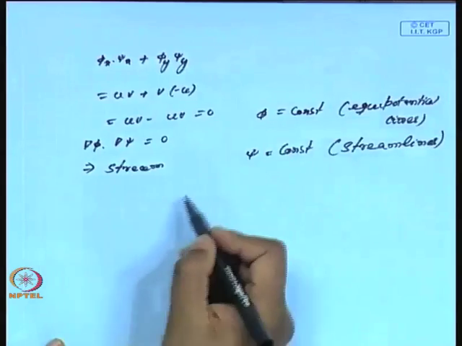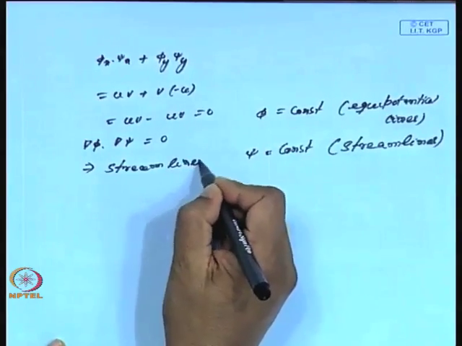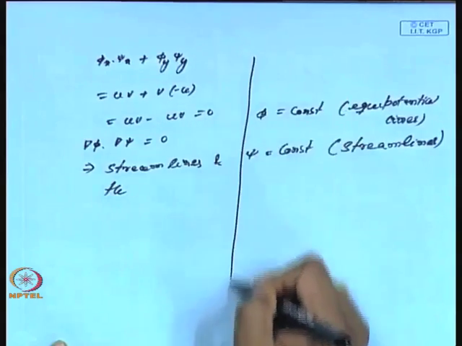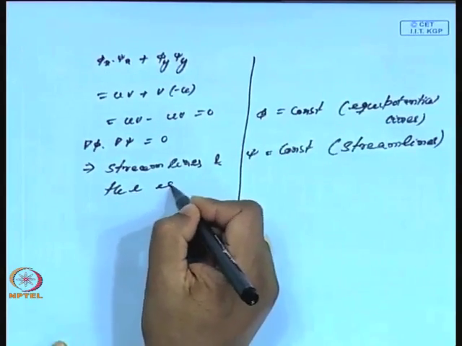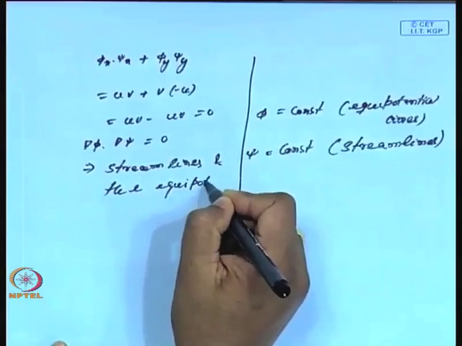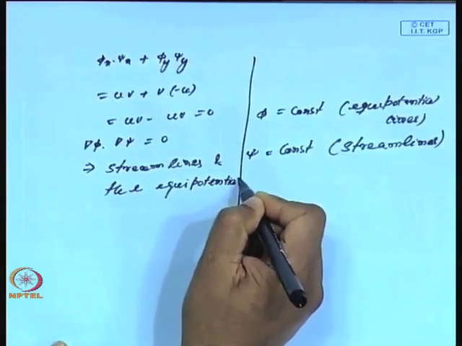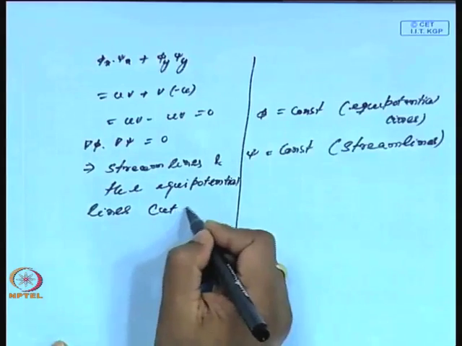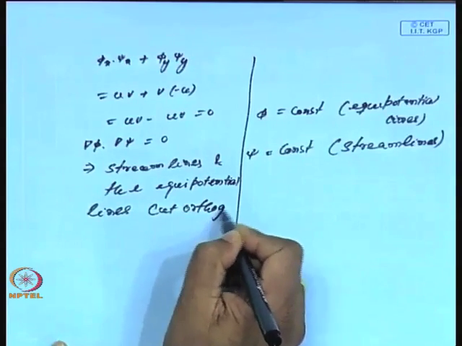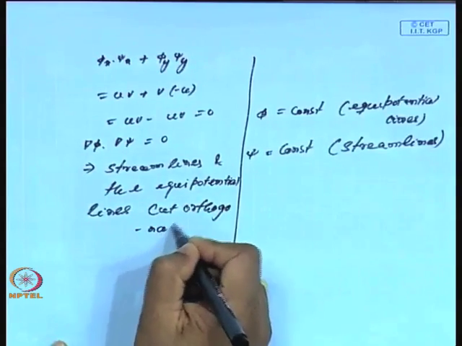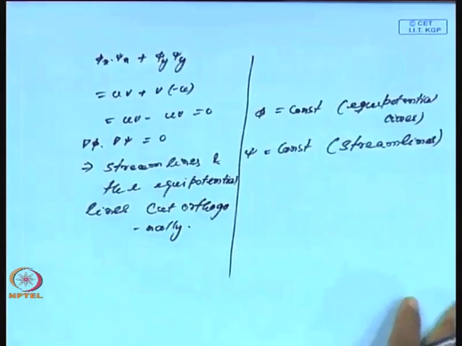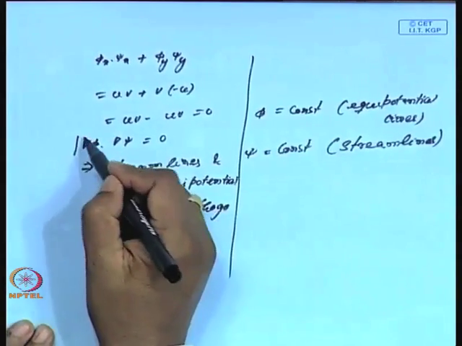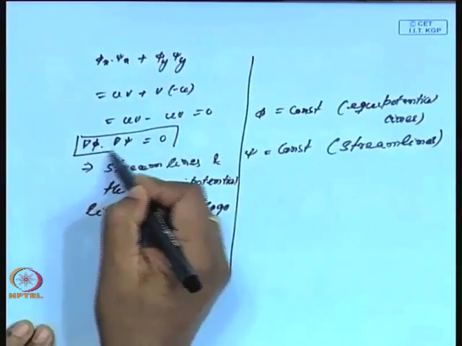So, this suggests that the streamlines and the equipotential lines cut orthogonally. This is another very important result.